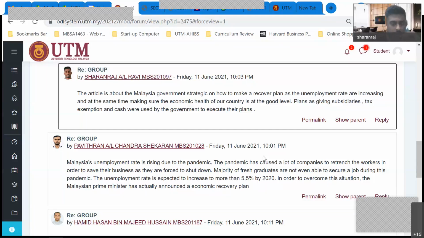In another way, the government helps the community by giving vouchers, like e-wallet kind of things, to make sure that they have money to spend. This is all helicopter money. Helicopter money means that you are actually giving the people money without doing anything.